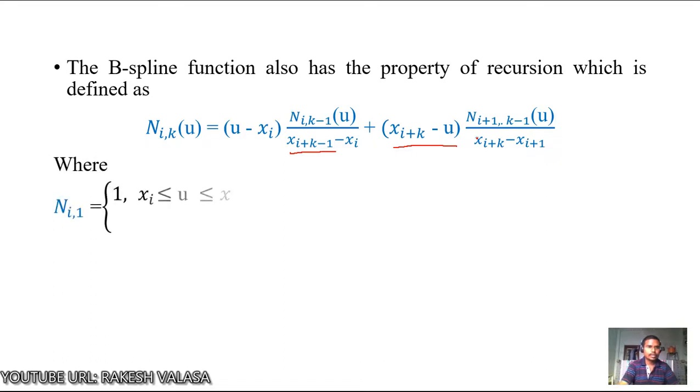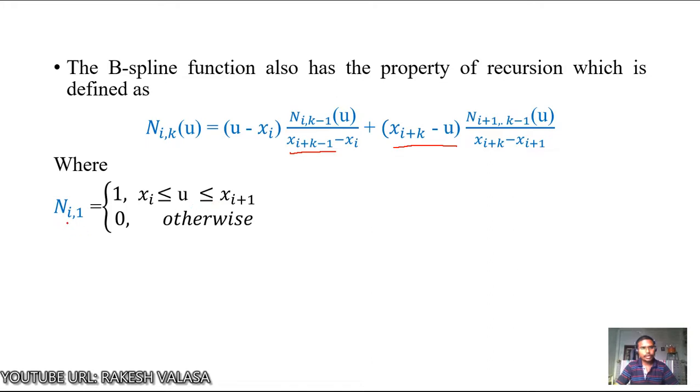where here I am taking k equal to 1, N i,k equal to 1. This condition is applicable for u limits xi, where u lies between xi and xi plus 1, N i,1 equal to 1. The condition is xi less than or equal to u less than or equal to xi plus 1.